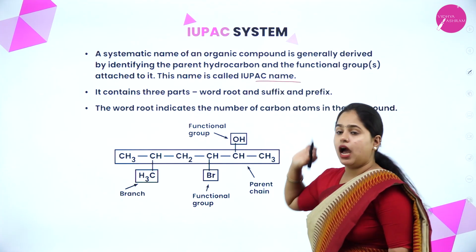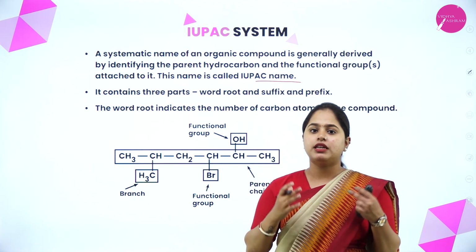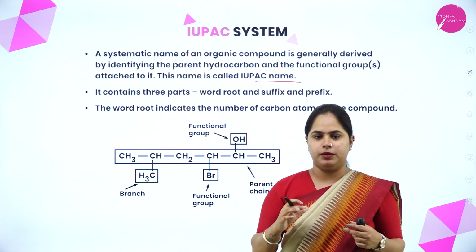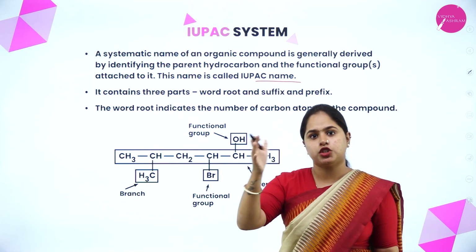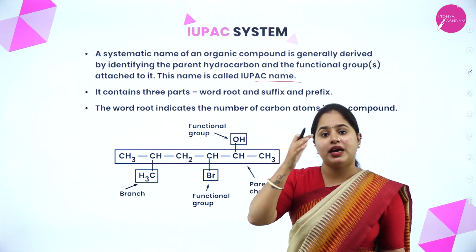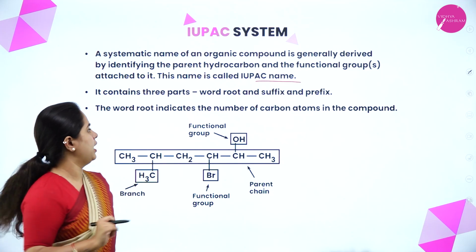This name is called the IUPAC name. Any organic compound will have a parent hydrocarbon, and in that parent hydrocarbon many functional groups will be attached. Based on that, the IUPAC name will be given to the organic compound.